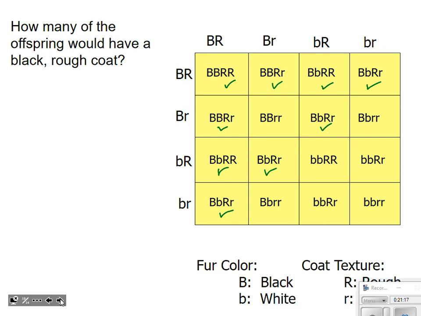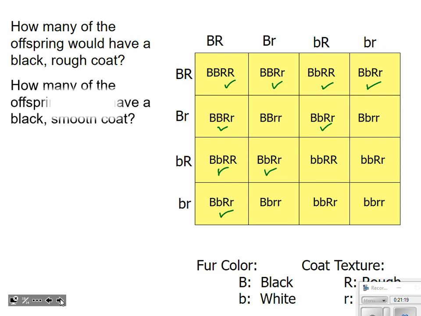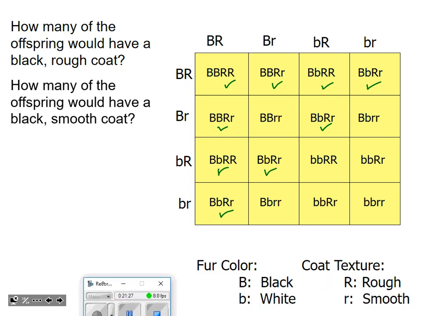Now look up here. My next one is a black smooth coat. Well, if I look down here, what was smooth? Lowercase r, right? So I have to be dominant for B and lowercase for smooth.